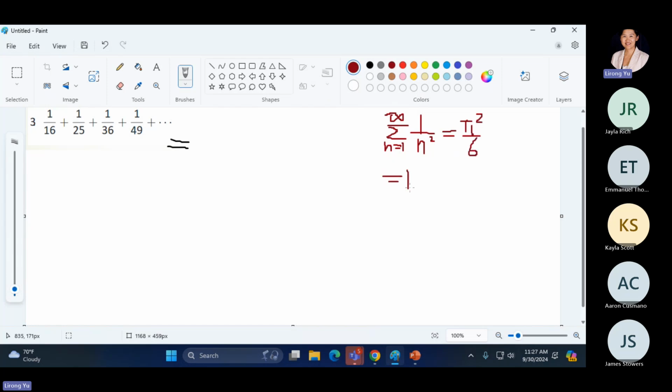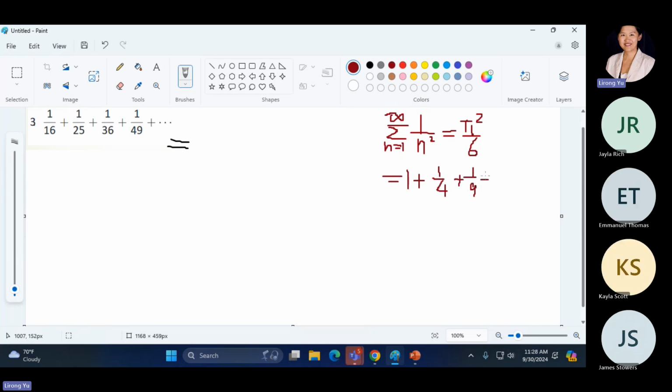Suppose you are adding 1 plus 1 over 4 plus 1 over 9 plus 1 over 16, 1 over 25, 1 over 36, 1 over 49. So if you're adding these infinitely many terms, this summation equal to pi squared over 6.